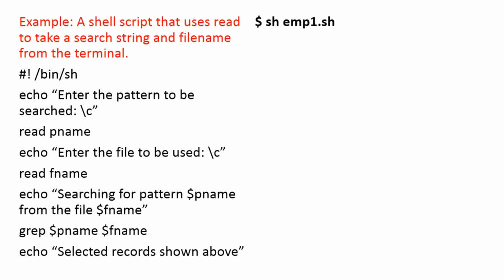After writing the shell script, if you want to run the script, you need to use the command sh file name dot the extension dot sh. Then you will get the first statement, that is, enter the pattern to be searched. Here I have given the pattern director, so I want to search the pattern director from the file given in the terminal.